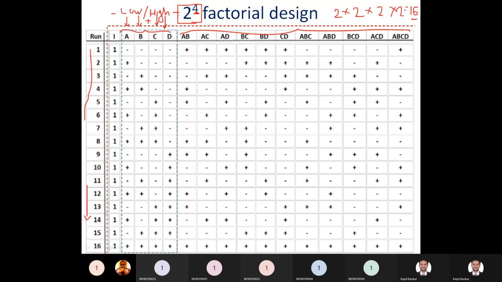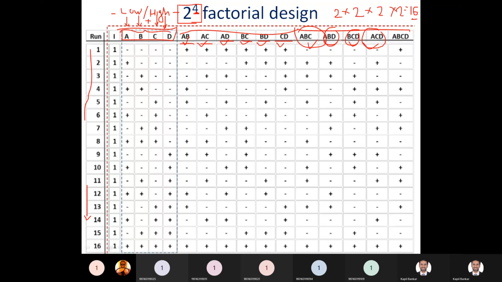So in this 2 raised to 4 factorial design, there are 4 main factors: A, B, C, and D. Then there are the two-way interactions, 1, 2, 3, 4, 5, and 6: 6 two-way interactions AB, AC, AD, BC, BD, and CD. And 1, 2, 3, and 4 three-way interactions: ABC, ABD, BCD, ACD.